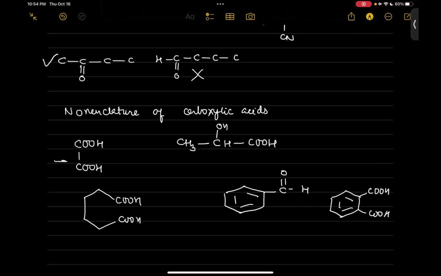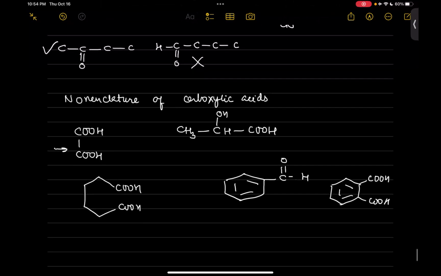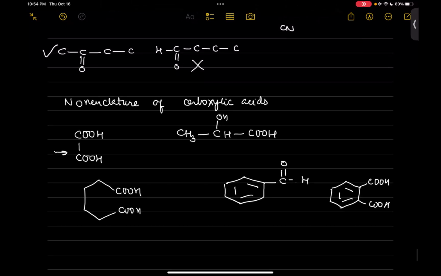Yeah, this carboxylic acid, all of you know, you must have used it in your practicals, school practicals. Which is this first carboxylic acid? What is the common name of this first carboxylic acid?